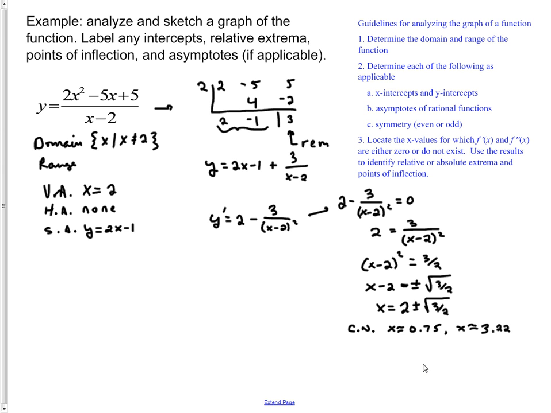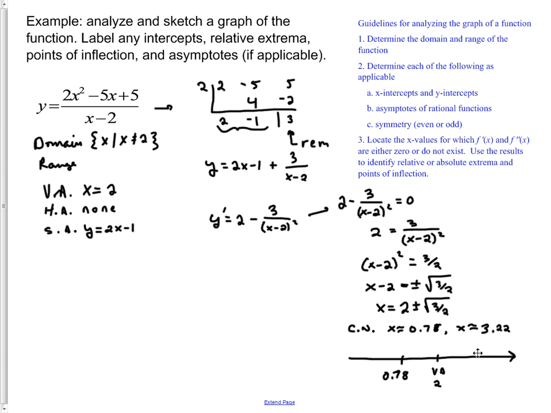We would want to show where this function is increasing and decreasing, of course, and we could do that by taking these critical numbers and just testing our function. We have 0.78 here. We could take 2, where we know the function is undefined. This is a vertical asymptote.